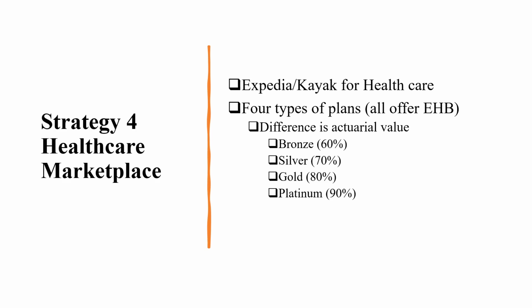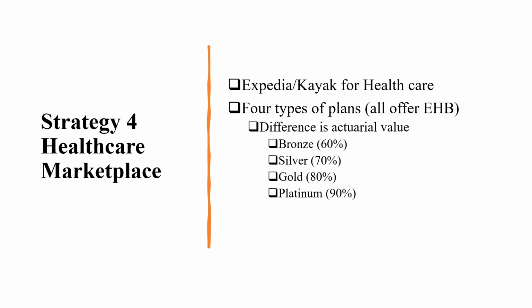And really, the only difference between the plans is the actuarial value. Well, it's not necessarily the only difference, because different plans may include different providers. They may have different groups of physicians that participate. So you have to look at that as well.